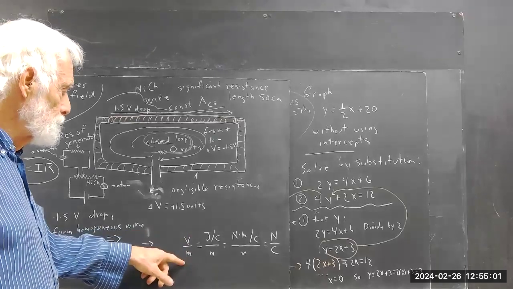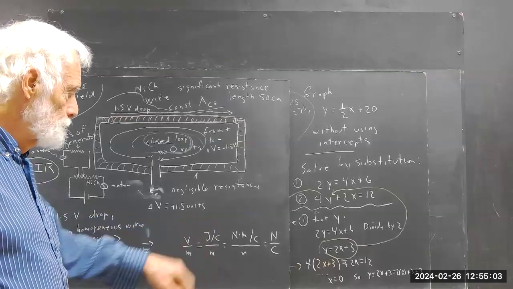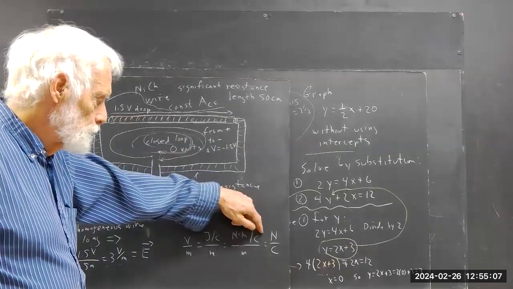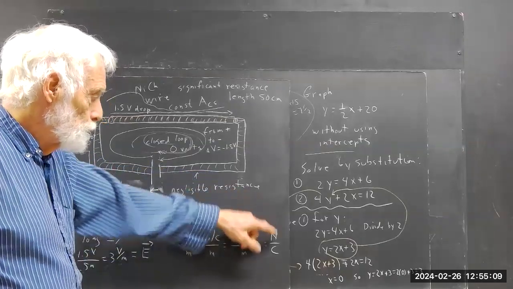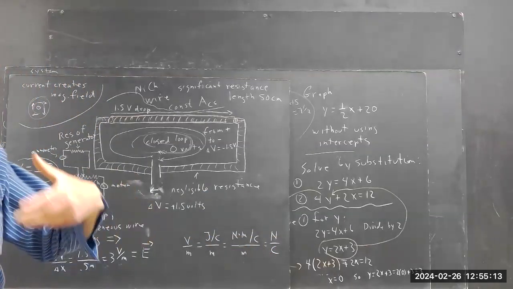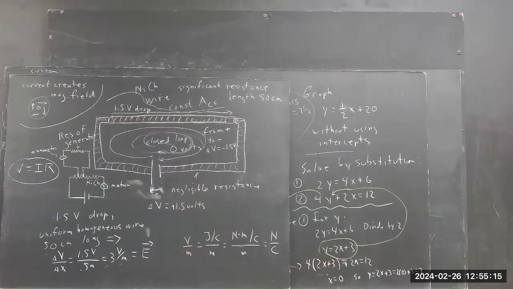Because we divide volts by meters, we divide joules per coulomb by meters, which means we divide newton meters per coulomb by meters, leaving us newtons per coulomb, which is the other form of the units for the electric field.